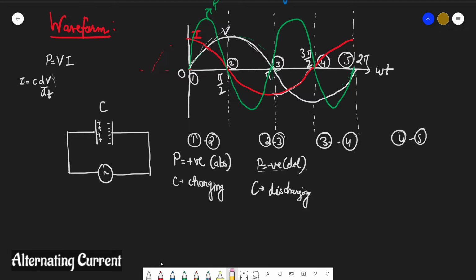So again, I will say that the nature of current is like this, as the voltage slope is now negative. What is happening? It is again charging, but in the opposite direction.